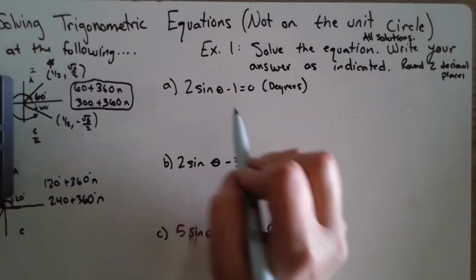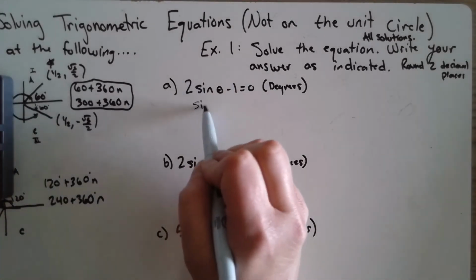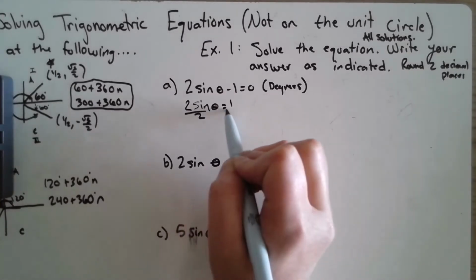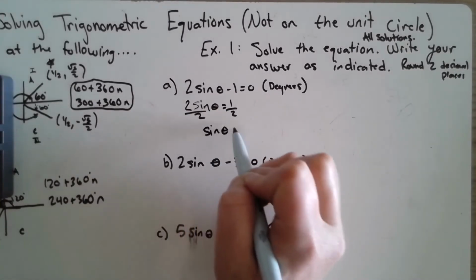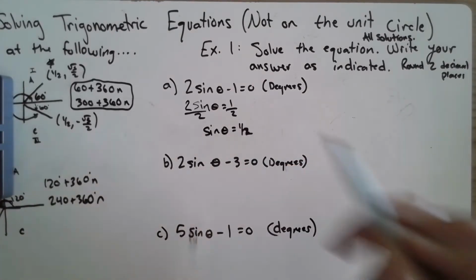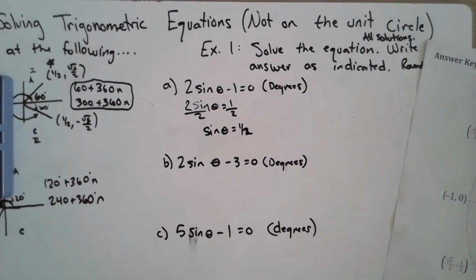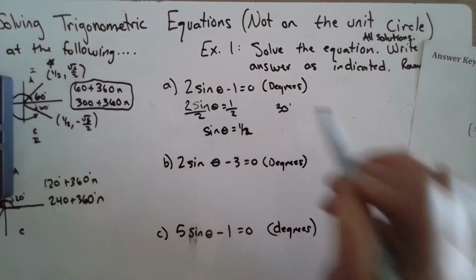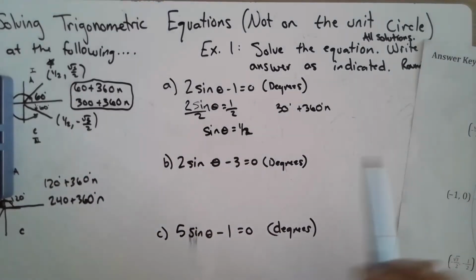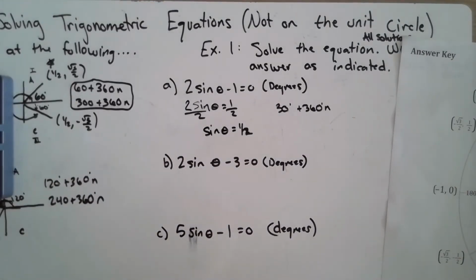Okay, so for this first one, if we solve this, it would be 2 sine theta equals 1 divided by 2. So sine theta equals 1/2. Well, this one's a little cheat. This one's on our unit circle. If we look at where sine is 1/2, that is going to be at 30 degrees plus 360n. And if you notice, 30 degrees is my reference angle.